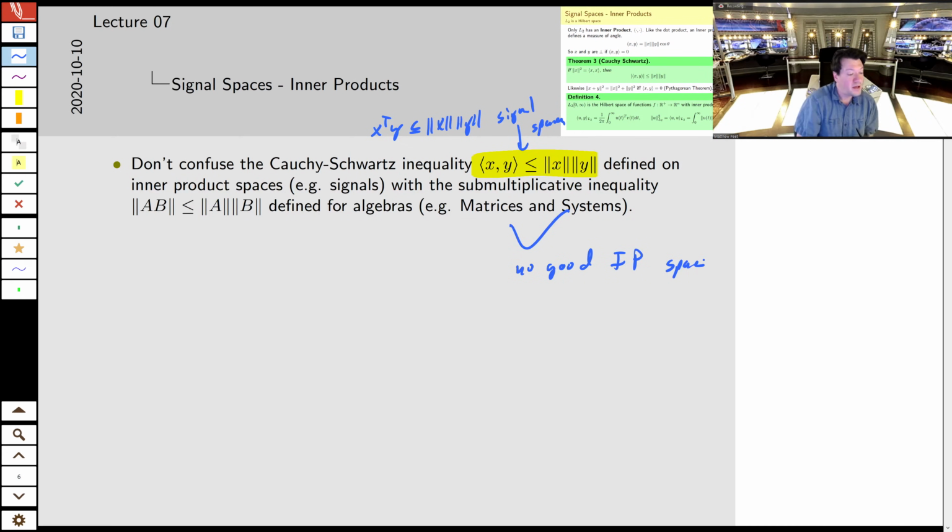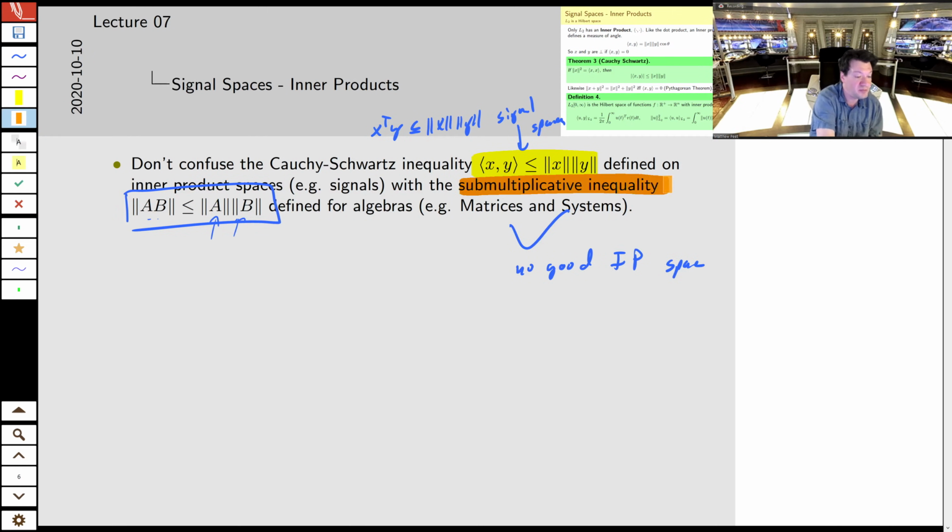They do have another structure, an algebraic structure, which we'll talk about shortly, which looks similar to the Cauchy-Schwarz in that we're multiplying two matrices together, and the norm of that multiplication is less than the norm of each of the elements. But that's a different thing, a different structure. This is an algebraic structure, and that has a different name entirely as well.